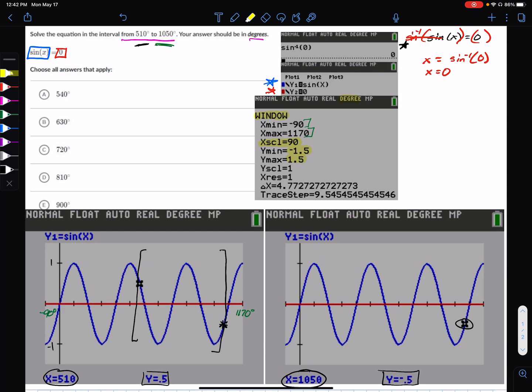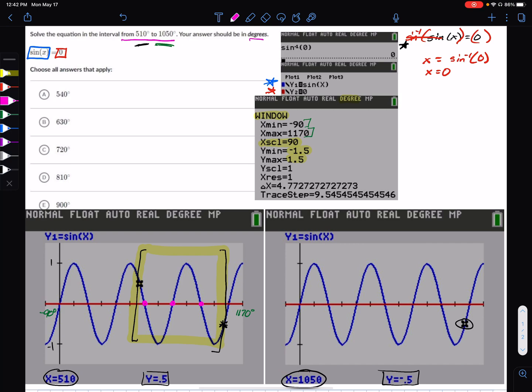We're looking for intersection points in this highlighted box, and those are the only solutions we're going to find.